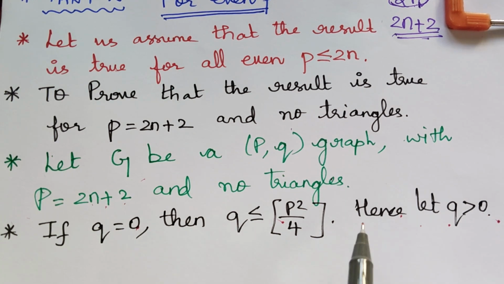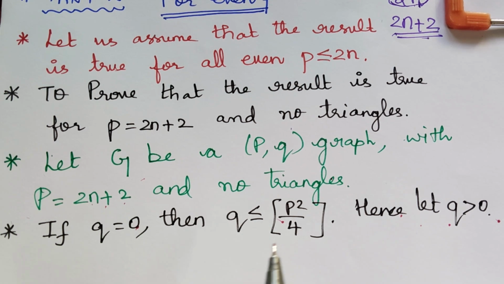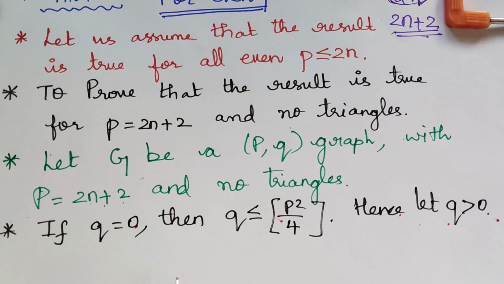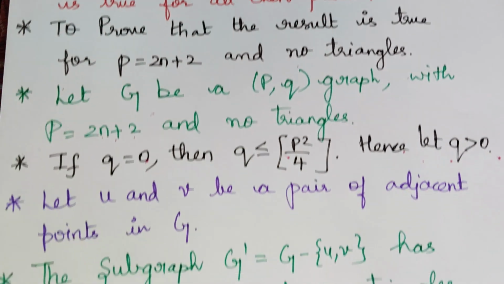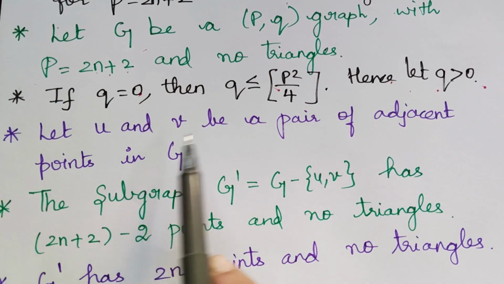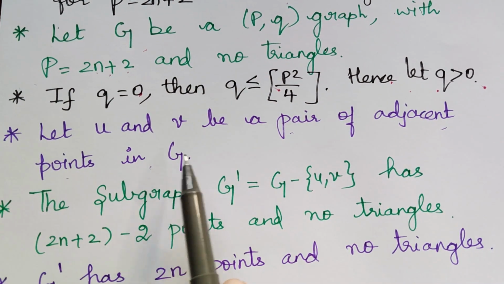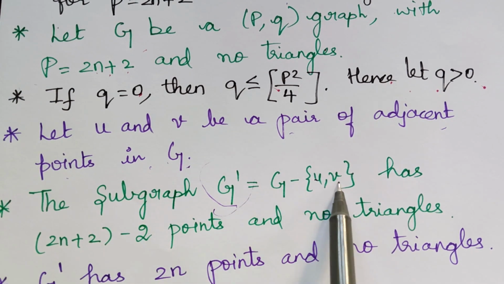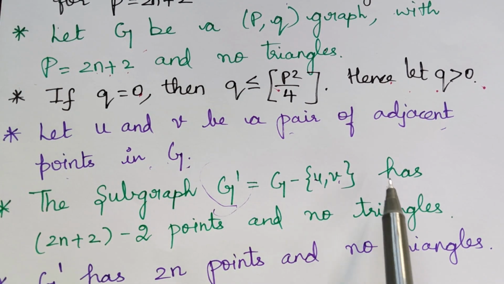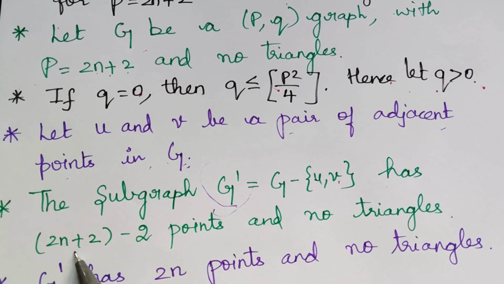So now what we will do, we will consider u and v, an adjacent pair of vertices in G. So we will write that step. Then we will consider a subgraph G dash by removing the vertices u and v from the graph G. So as I told you, we have taken u and v to be a pair of adjacent vertices in G. Now we are forming a subgraph G dash after removing u and v from G. So we know that G has 2n plus 2 vertices.